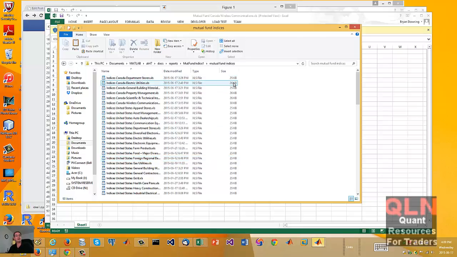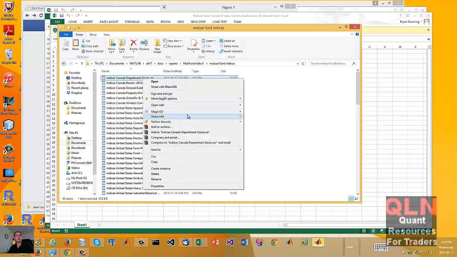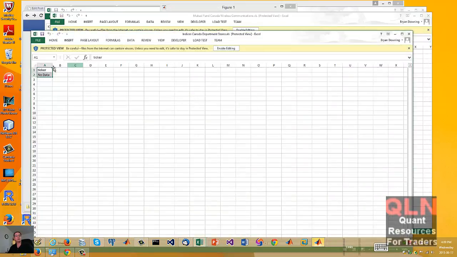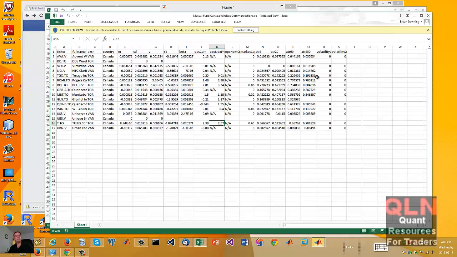First of all, based upon the size, it's very easy to tell if it's 25K only. It's an empty file. This is what it looks like. I'll just say no data. So just so you're aware of that when you download these files.